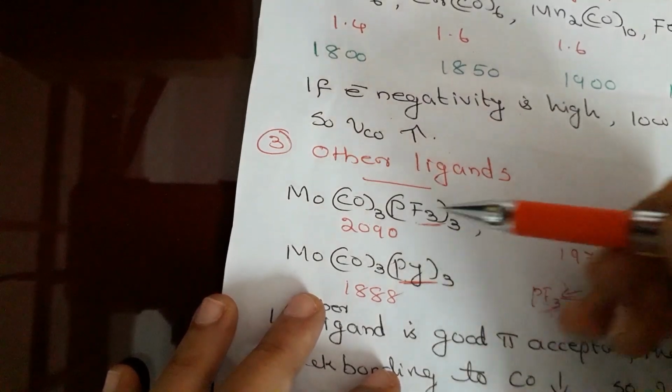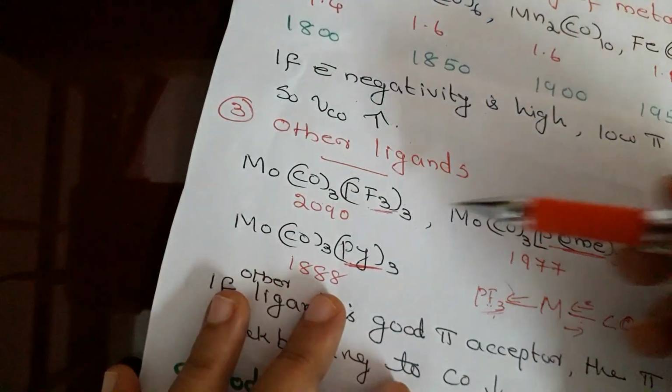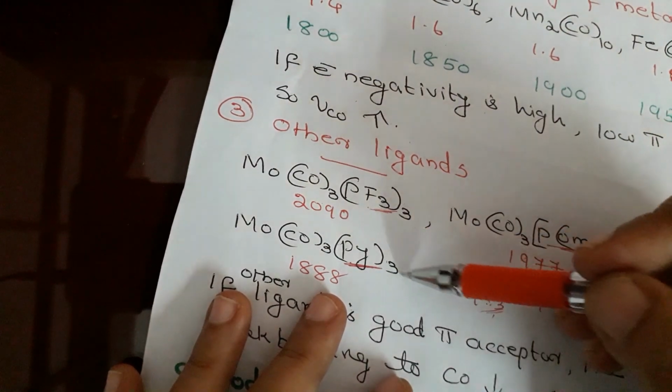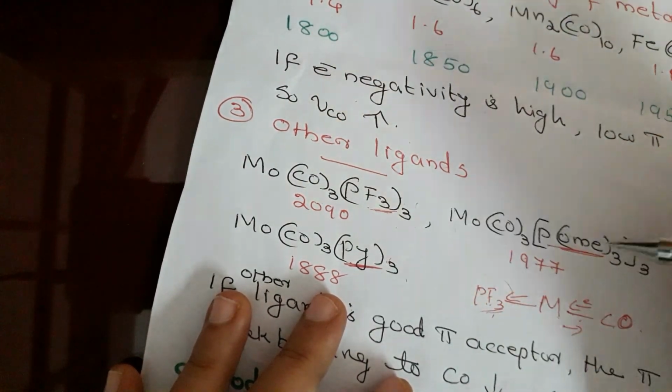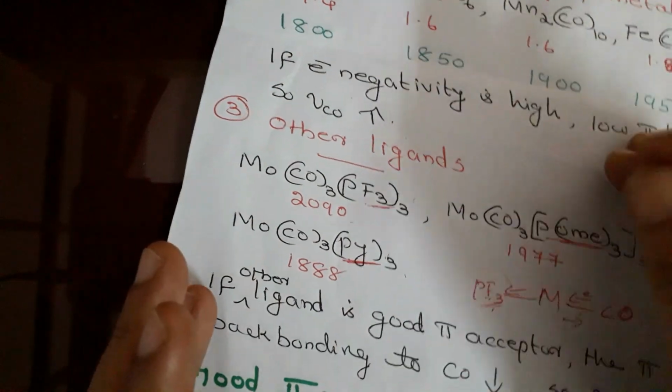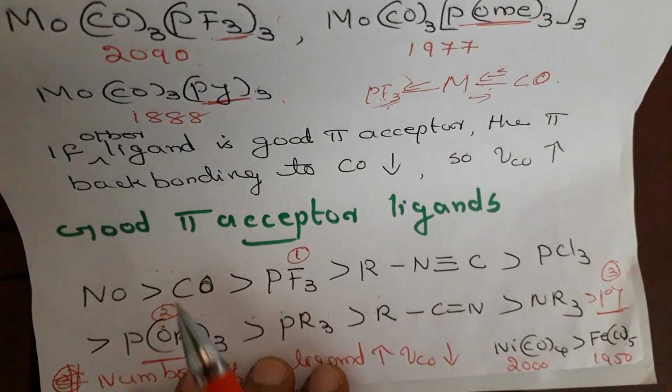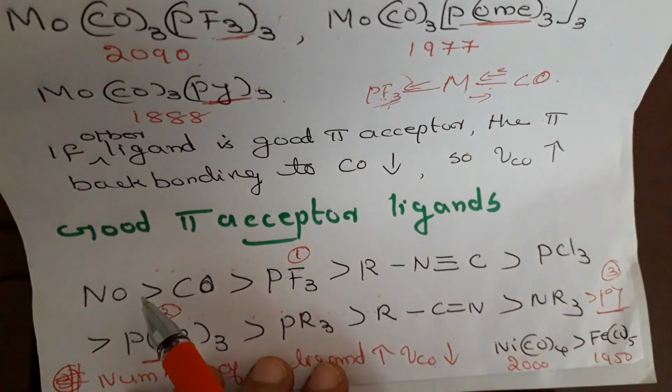So here Mo(CO)3(PF3)3, the same compound with P(OMe)3 and with pyridine. This ligand is different. So you should know this order; study it, then only you can answer this question. Here NO is a good pi acceptor ligand.